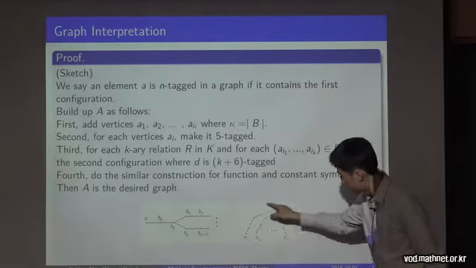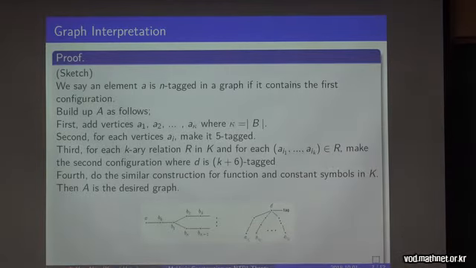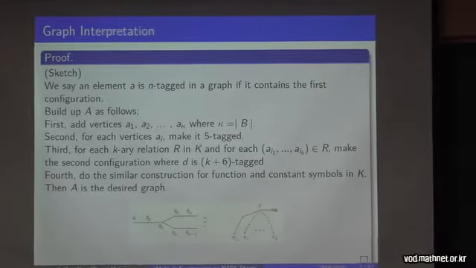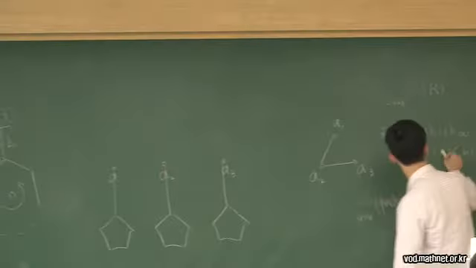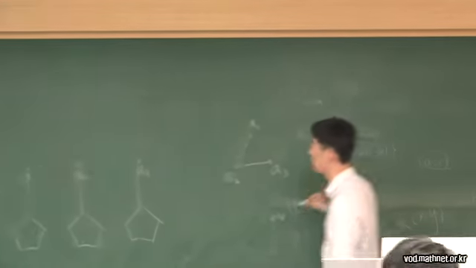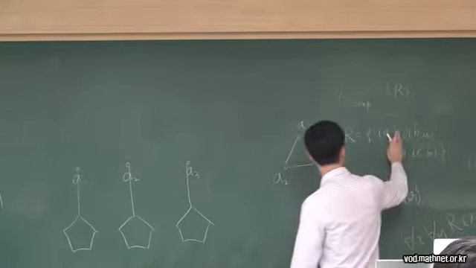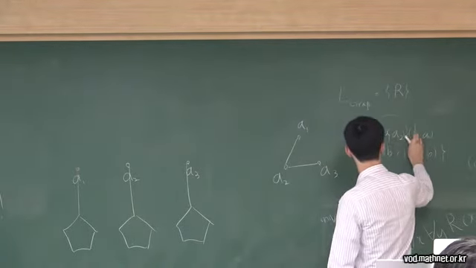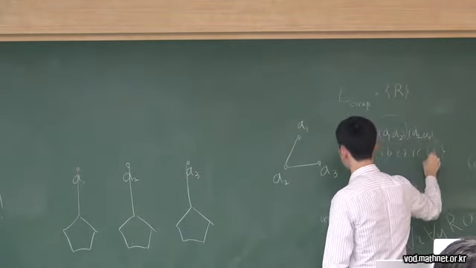Look at this configuration. Here we have a relation R, and we want to make a meaningful relation in the graph. So look at this one, A and B. Oh, I see, this should be A1, A2, A2, A1, and so on.